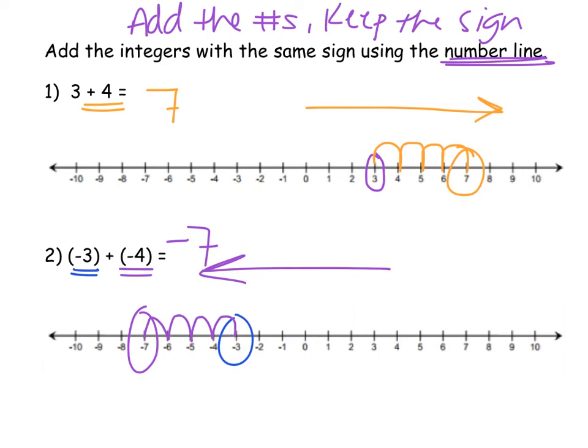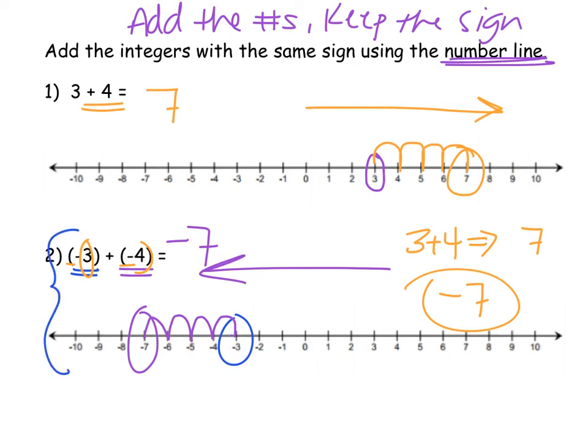And so if we would look at this using our trick, add our numbers. 3 plus 4 gives us 7. Keep the sign. They're both negatives. Our answer is negative 7. So notice the similarities with using the number line versus our trick and why our trick works.